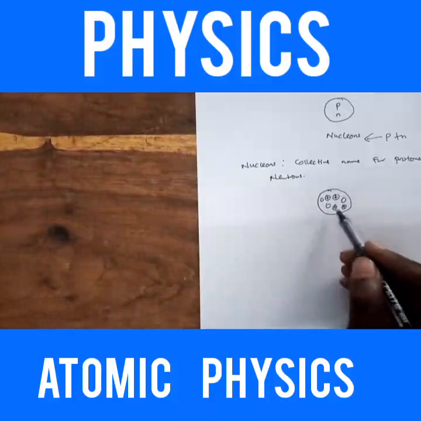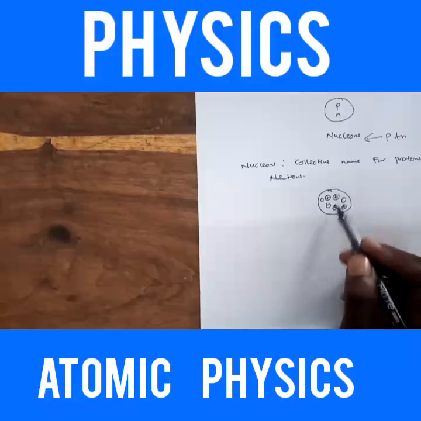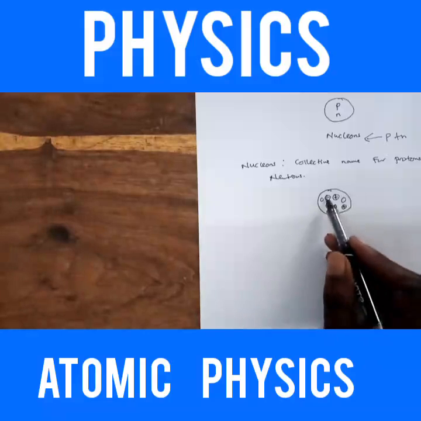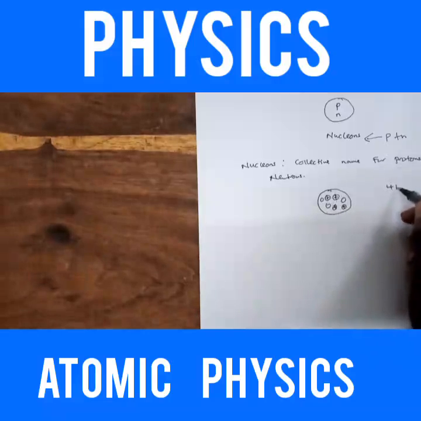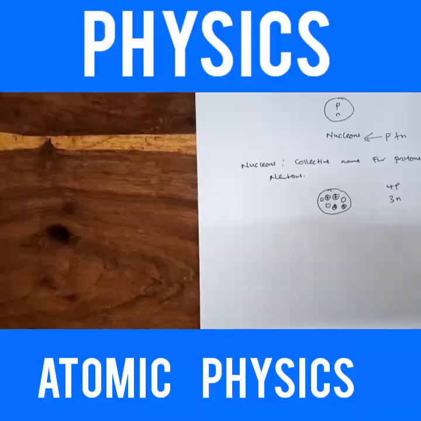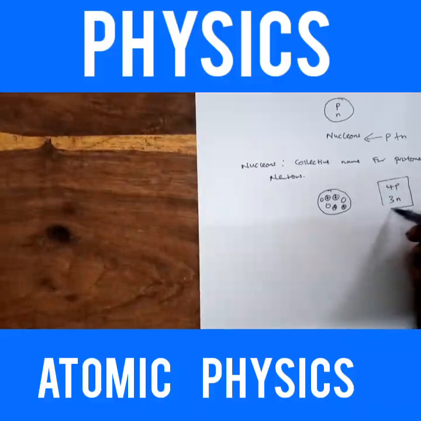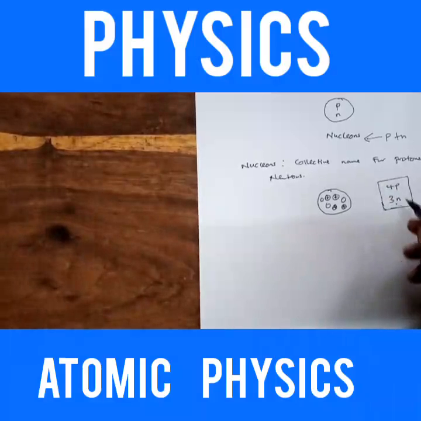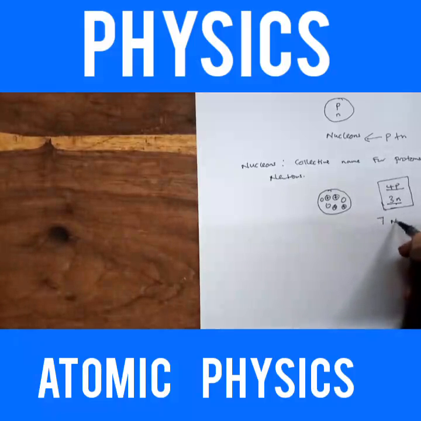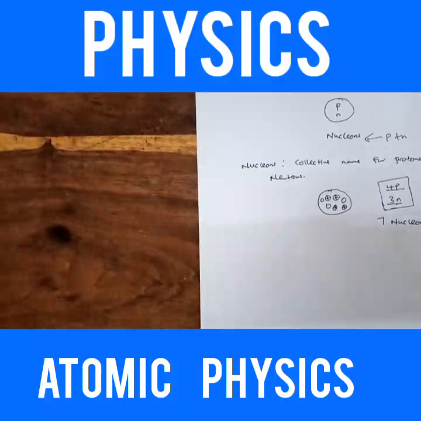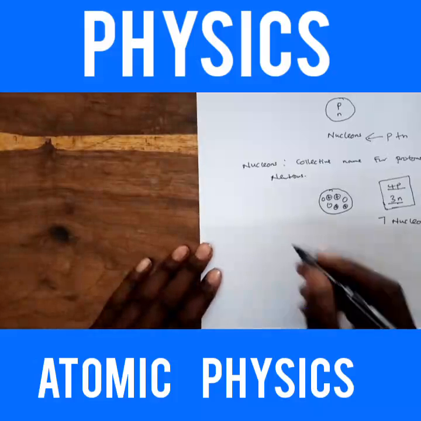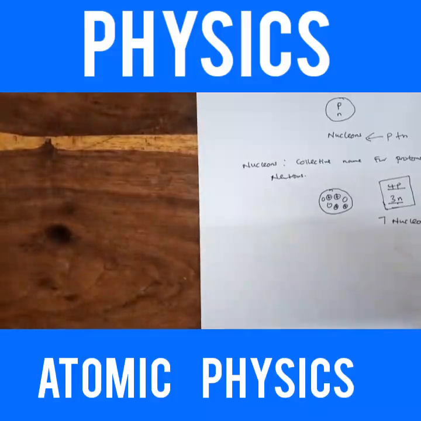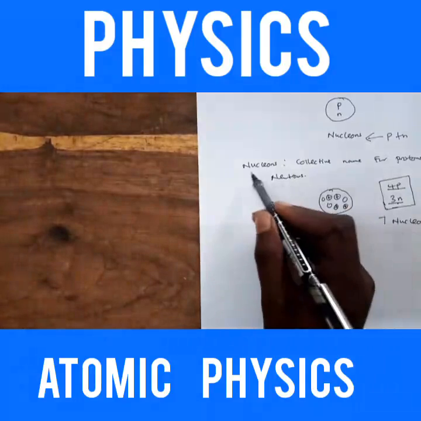So this is the nucleus. Then the particles that are found in the nucleus are the protons and the neutrons. So I can count 1, 2, 3, 4. I have 4 protons there. 1, 2, 3. I have 3 neutrons there. So we can clearly see that we have 4 protons and 3 neutrons. Then I can also say, since I have 4 protons and 3 neutrons, collectively I have 7 nucleons. So in other words, the protons and the neutrons together are called the nucleons.